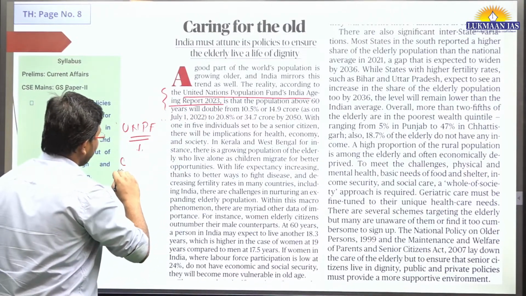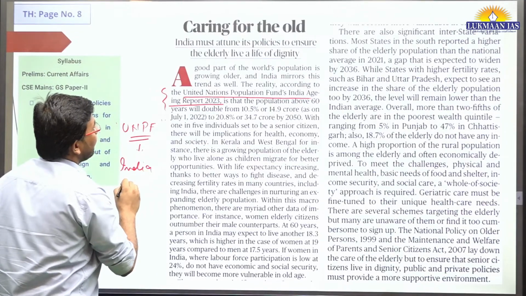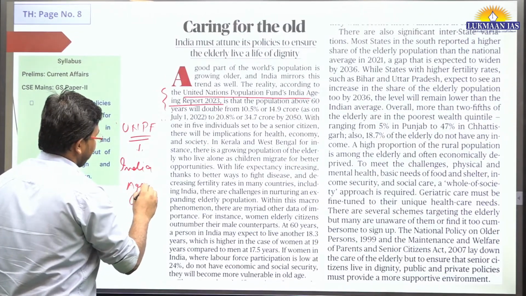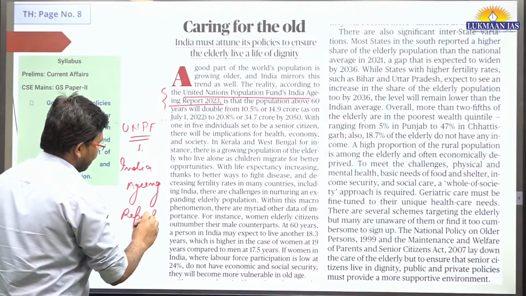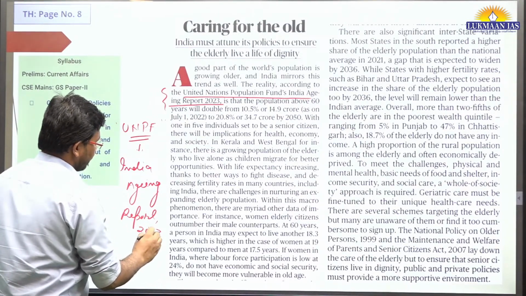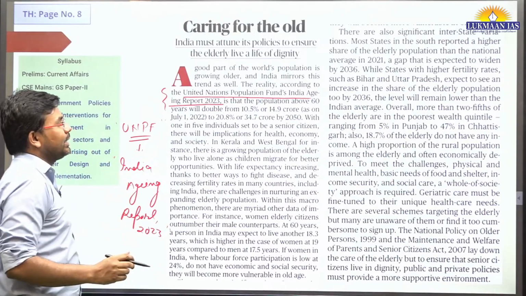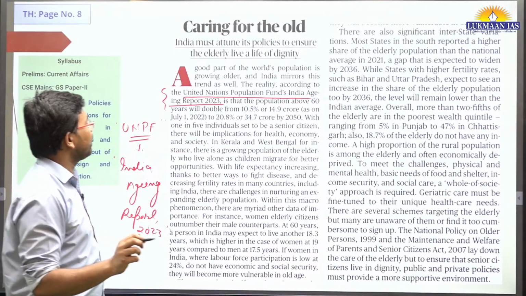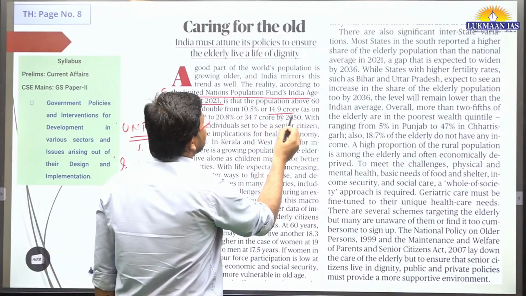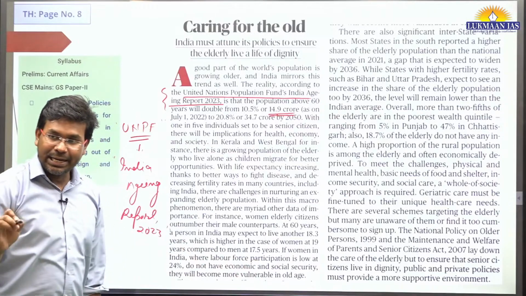Okay, the name of the report is India Aging Report 2023. So this report says that presently we have 14.9 crore people who are elderly in India.